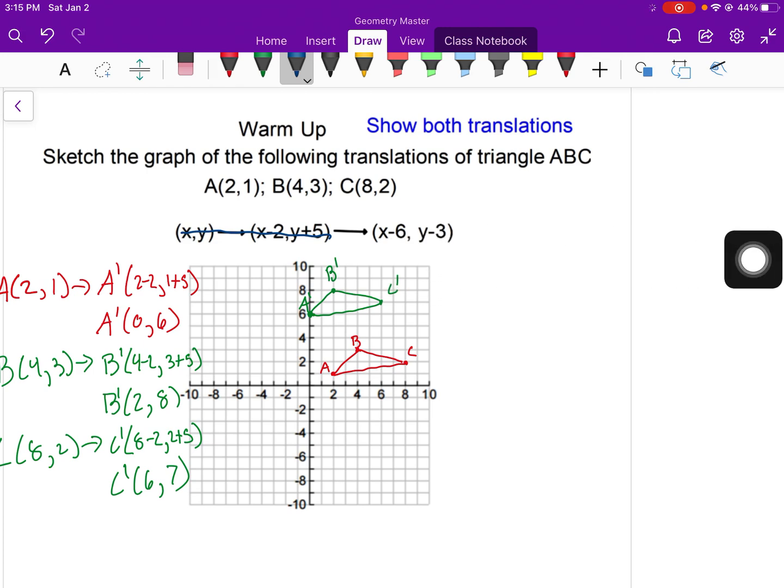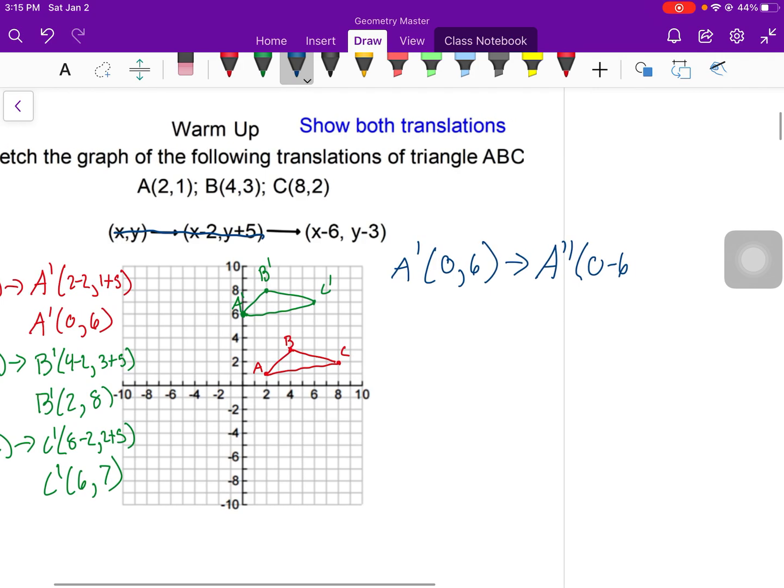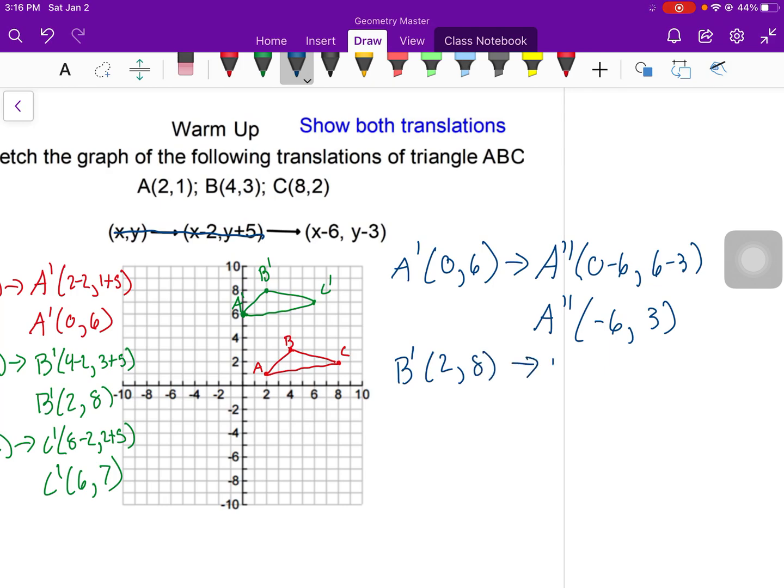So to get this next point, A prime was 0, 6. That's going to A double prime, 0 minus 6, 6 minus 3, which is negative 6, 3. B prime was 2, 8. That's going to be double prime, which is 2 minus 6, 8 minus 3, or negative 4, positive 5.